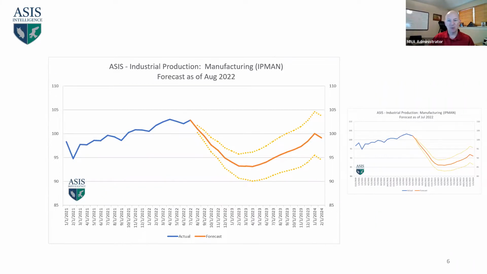If you look at the worst point of the drop, as well as the far end point, we're talking about an 8-point positive difference between this month's forecast and what we were forecasting for the next 18 months last month.